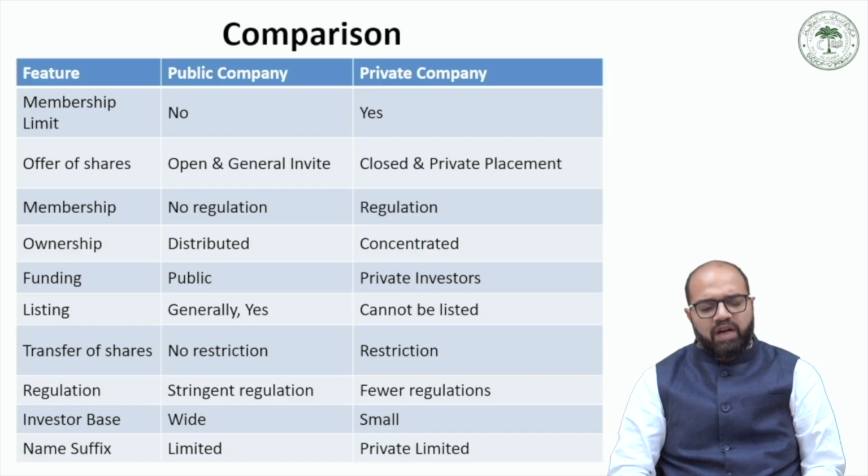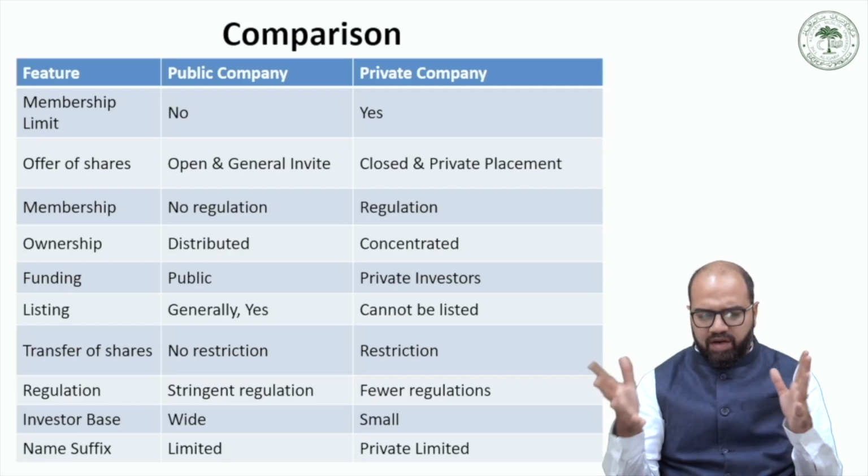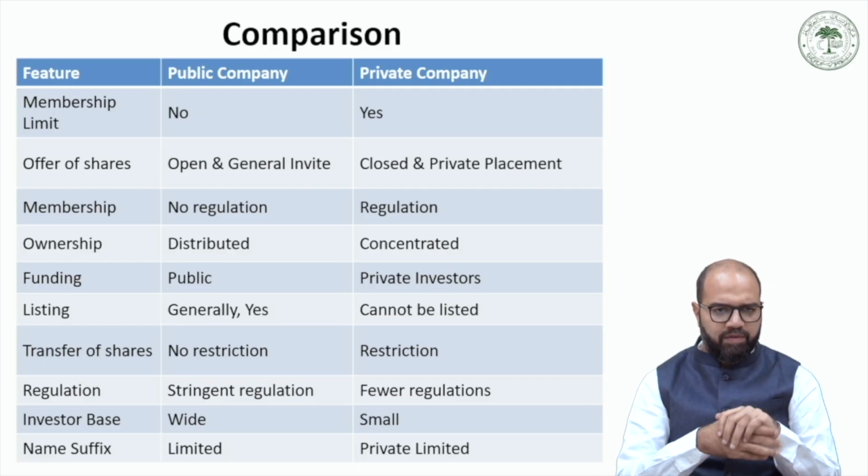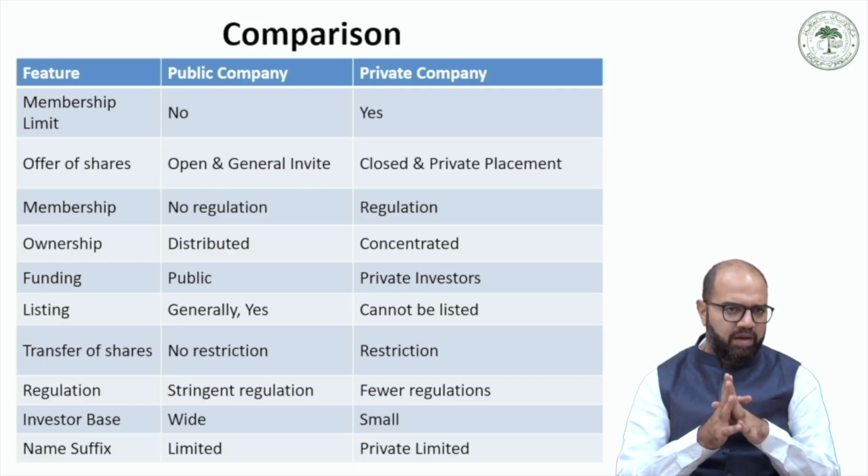Anybody who is willing to subscribe to the securities of a public company becomes its funder, whereas a private company has only what we call private investors, so the funding is not indiscriminate; anyone cannot become a funder in a private company.